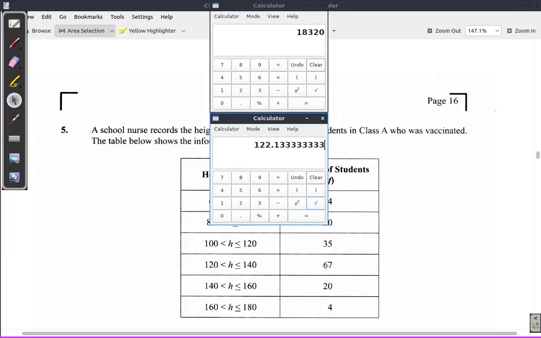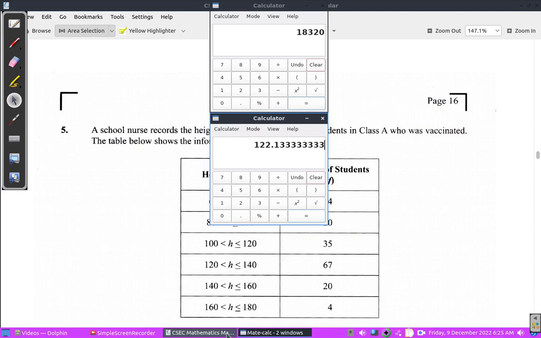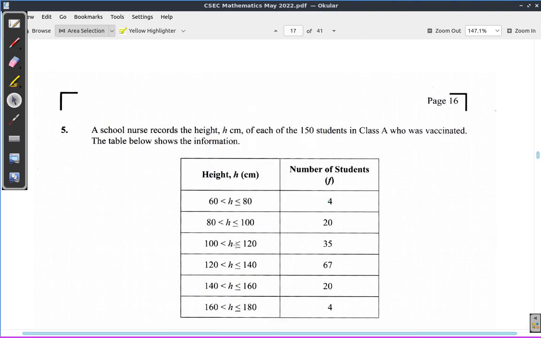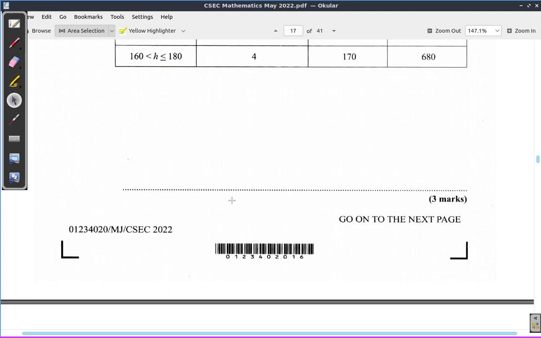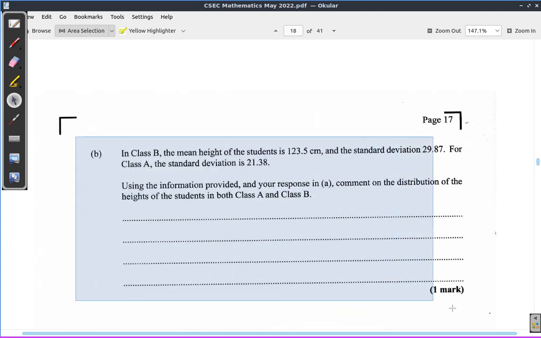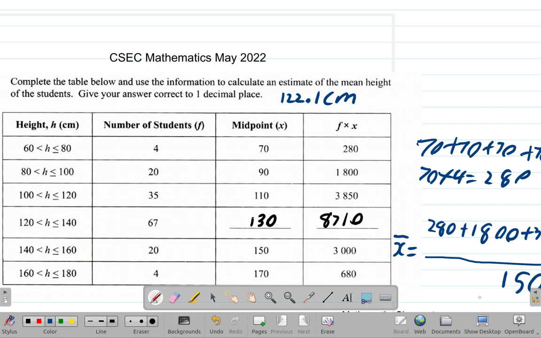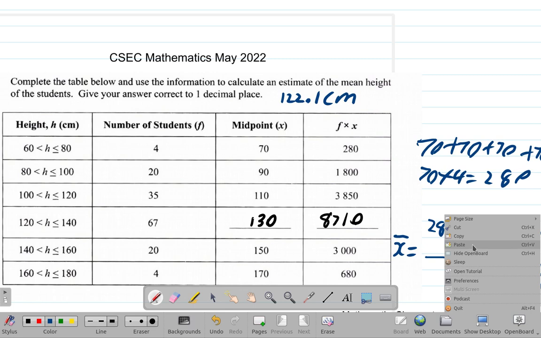Let's see what else they say here. Alright, so they say here, now let me just copy it and put it over here, paste.